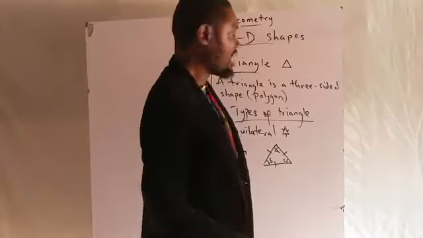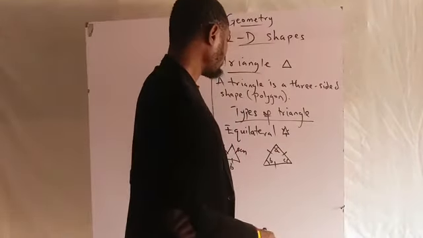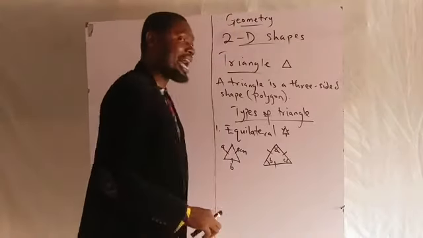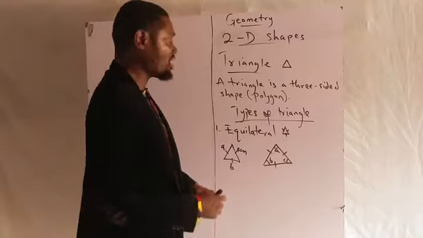Now quickly, let us deal with the line of symmetry. An equilateral triangle has 3 lines of symmetry.